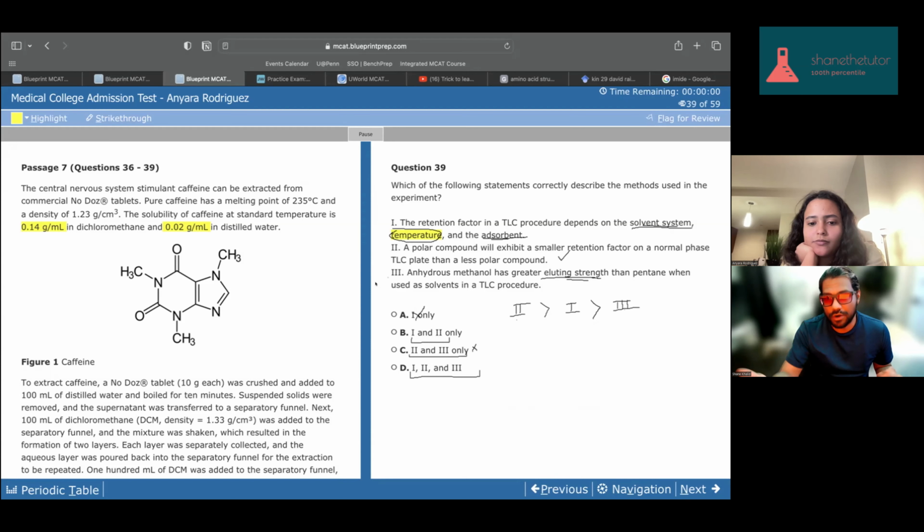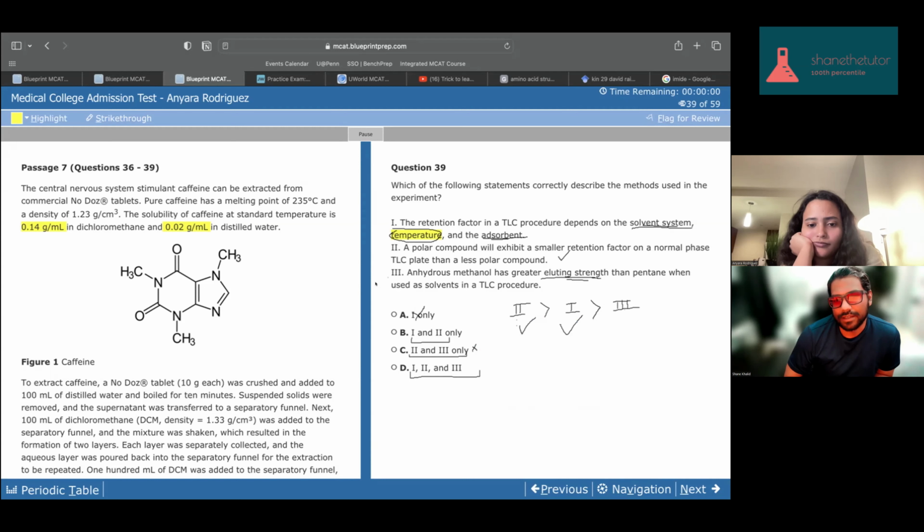Now you know that temperature must play a role on that retention factor, right? Because we eliminated the choices that don't have Roman numeral 1 in it. So Roman numeral 1 must be true, just as Roman numeral 2 must be true. And then I guess it just comes down to the Roman numeral 3 part.